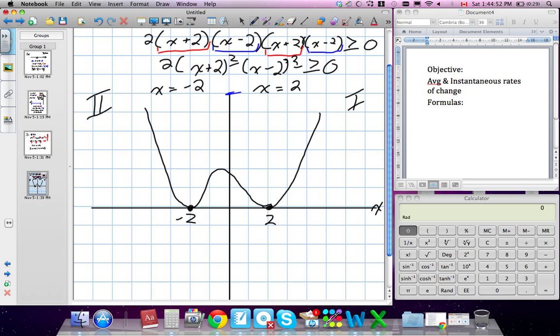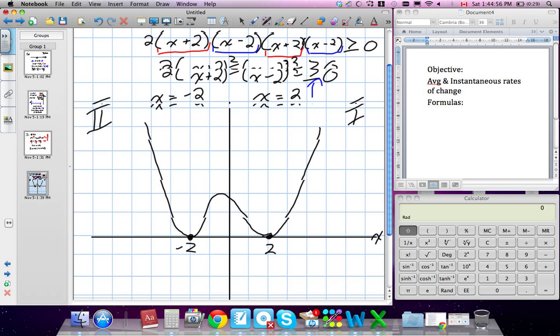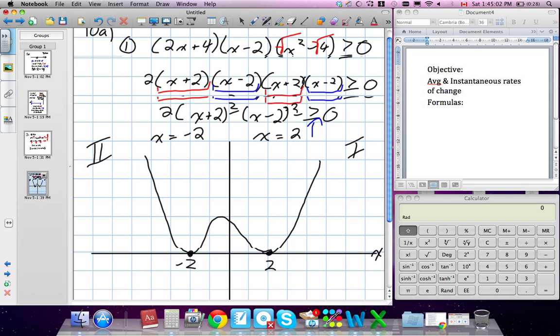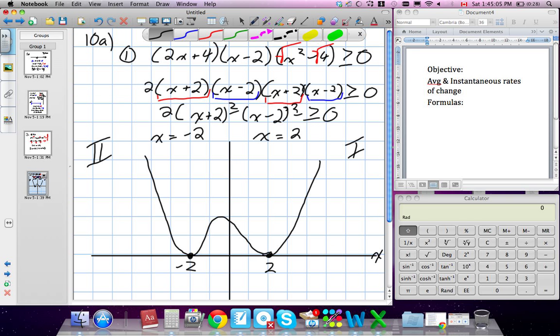Sorry, it's also equal to 0, so it can touch the line. When x is greater than 2, we're definitely increasing.